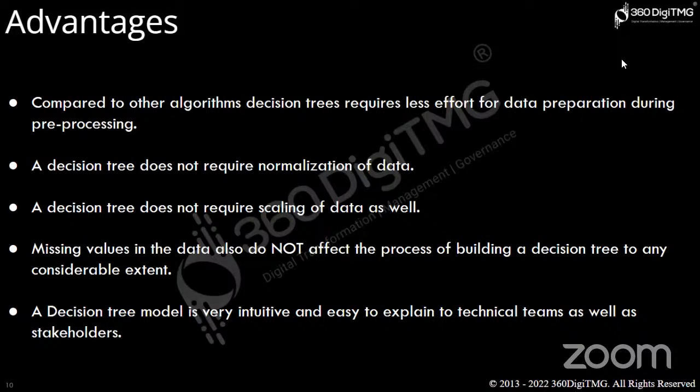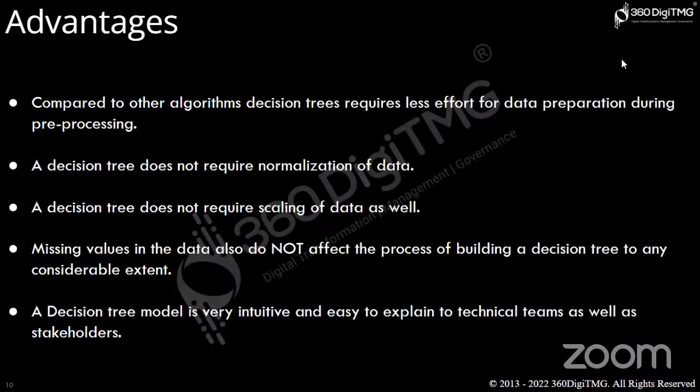And a decision tree does not require normalization of data. If I am taking all values as categorical, I need not convert this data into a normalized format. A decision tree does not require scaling of data as well. Missing values in data also do not affect the process.